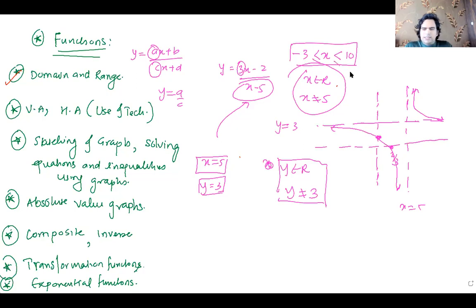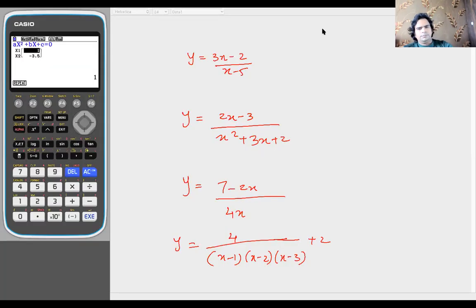Our objective is to understand how to do this entire domain and range concept purely using the GDC. So now I'm going to show how to do the same calculations on the calculator, because lots of times you don't think about the fact that you have a calculator and you go for the manual approach in Paper 4.